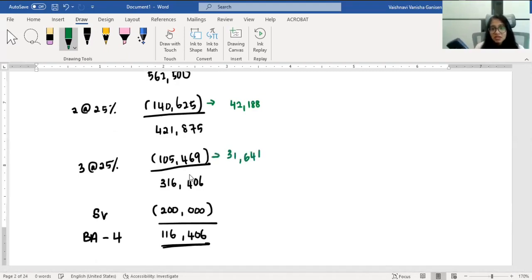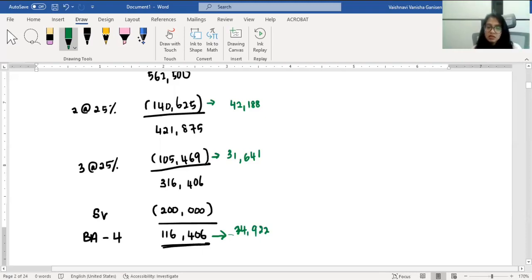Guys, remember, in the final year, it's not on the negative amount, it's on your balancing allowance, which is 116,406 multiplied by 0.3, 34,922. Okay, I hope this is very clear.